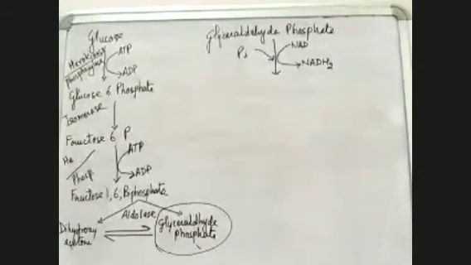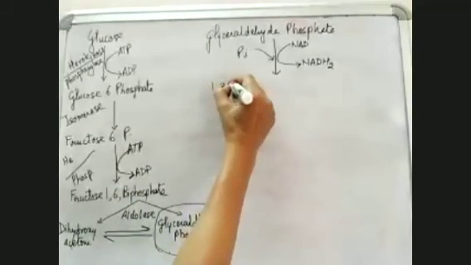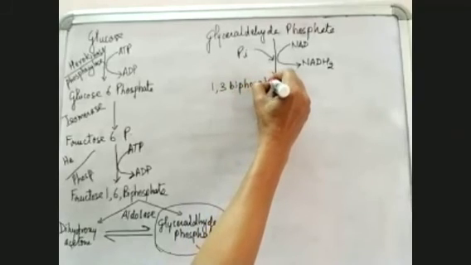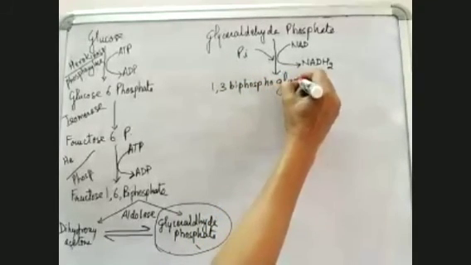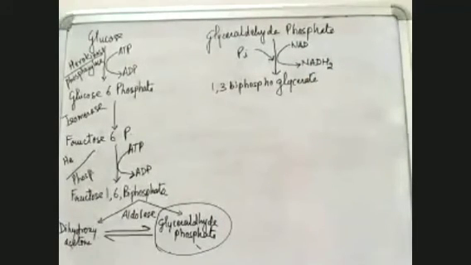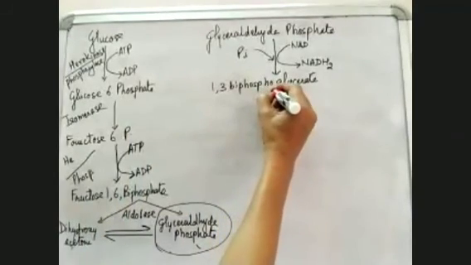NADH twice is formed, and it results in the synthesis of 1,3-biphosphoglycerate. Now, the next step is formation of 3-phosphoglycerate with the release of ATP.